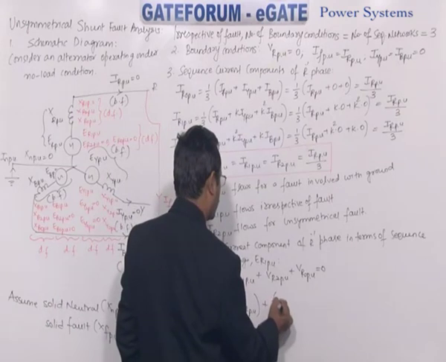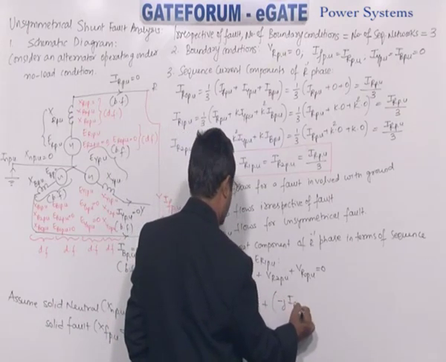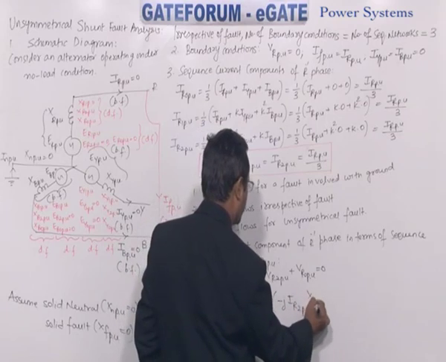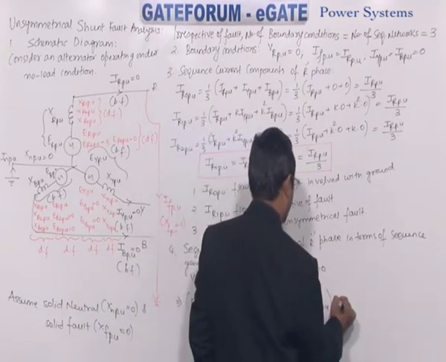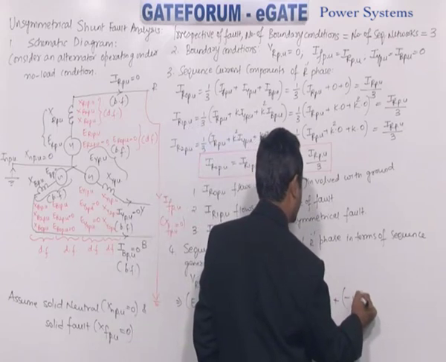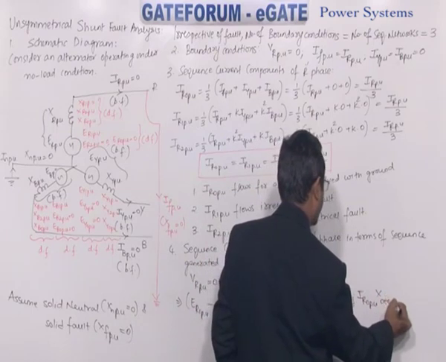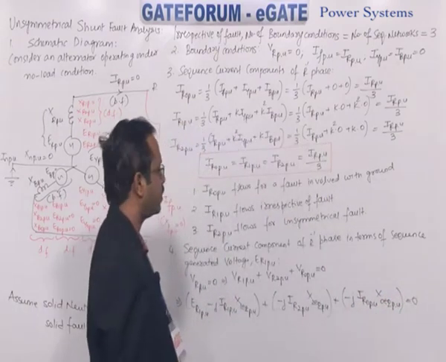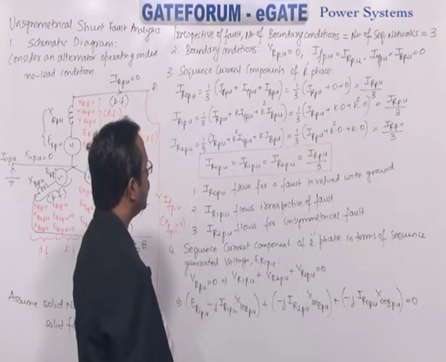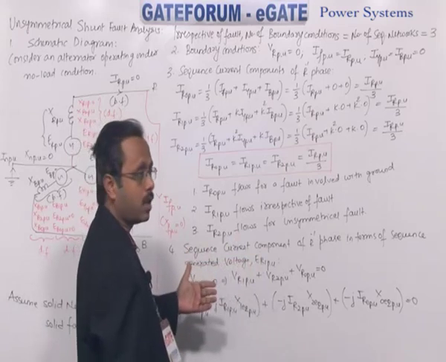What about VR2? No source, only minus J IR2 per unit X2 equivalent per unit. What about VR0? Minus J IR0 into X0 equivalent per unit. You know that IR0, IR1, IR2 all are equal.